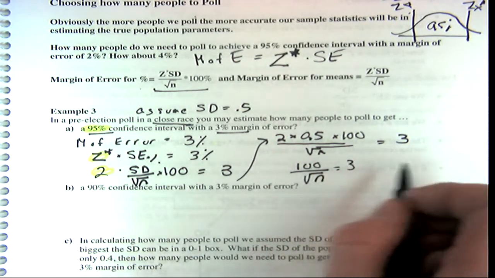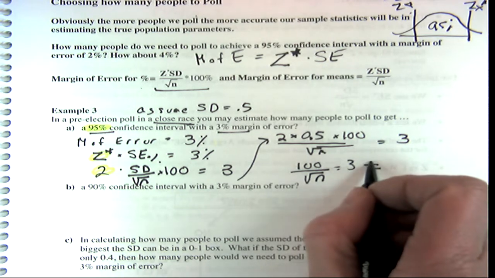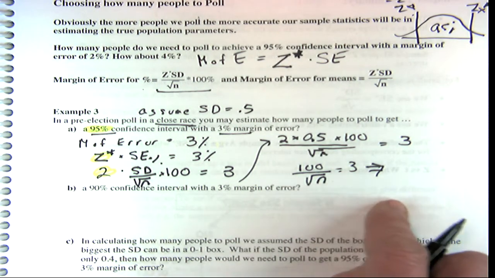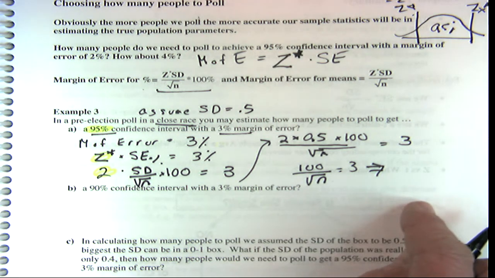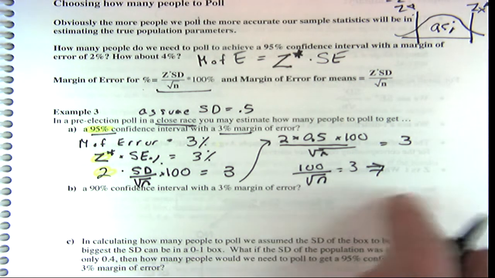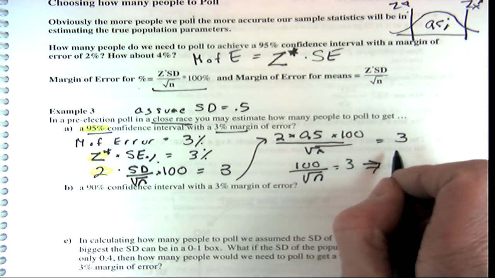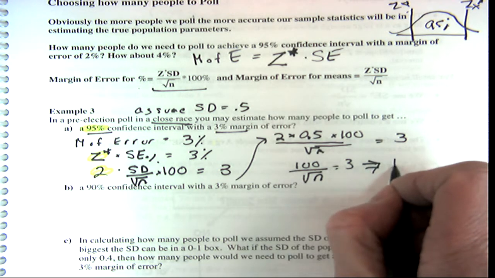Okay, so now we want to solve for n. So multiply both sides by square root of n, and then divide both sides by 100, and what do we get? We get divide by 3.